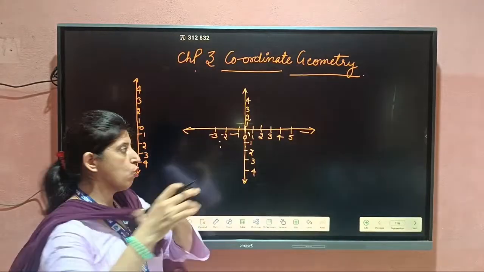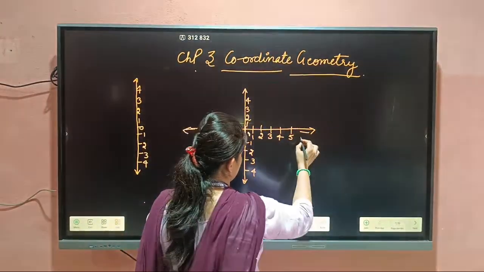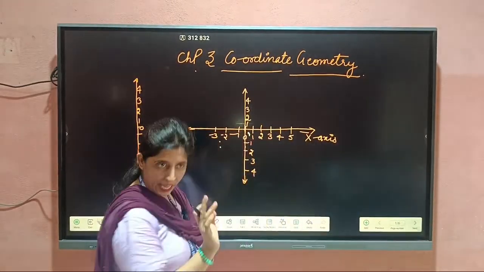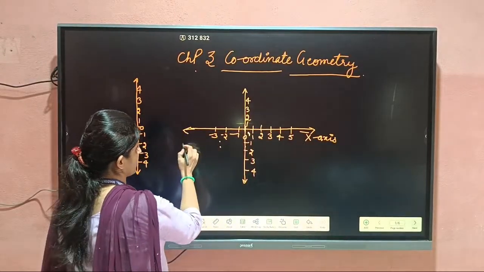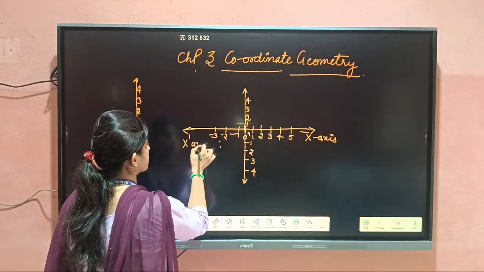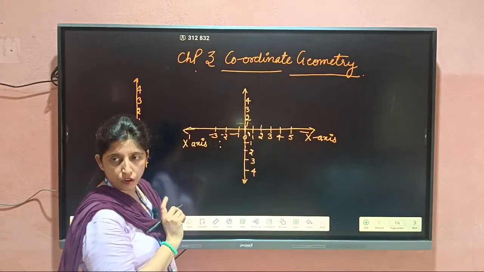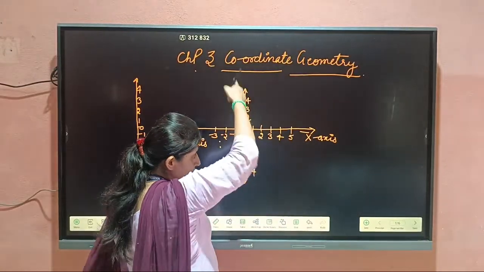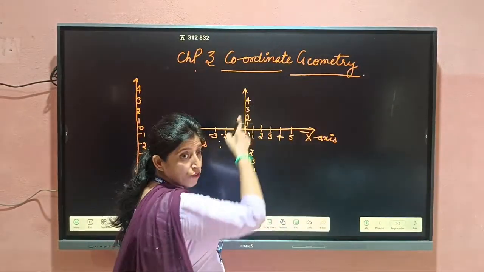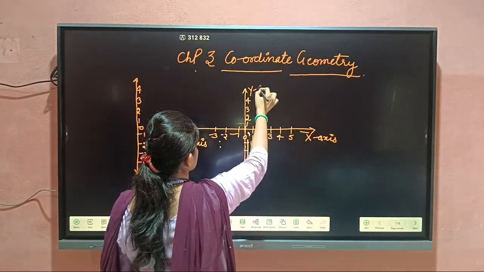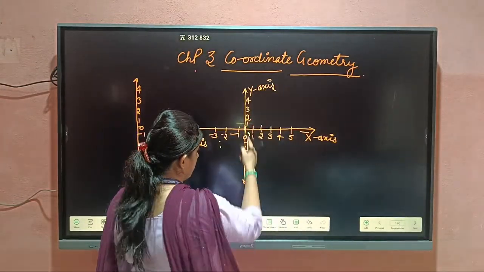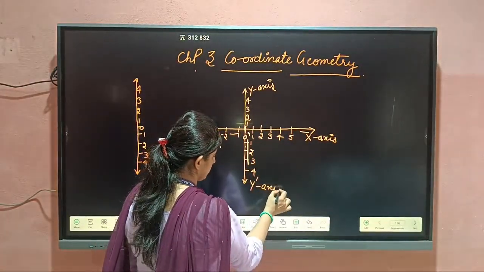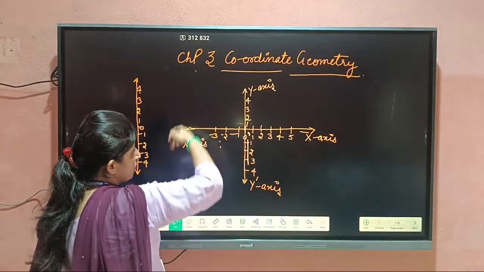Okay, this horizontal line is called the x-axis. Positive side we will write x-axis, and negative side of x-axis we will write x'-axis. Okay, same, positive side of this vertical line is called the y-axis, we denote it by y-axis, and negative side of y-axis is y'-axis. This becomes a plane.